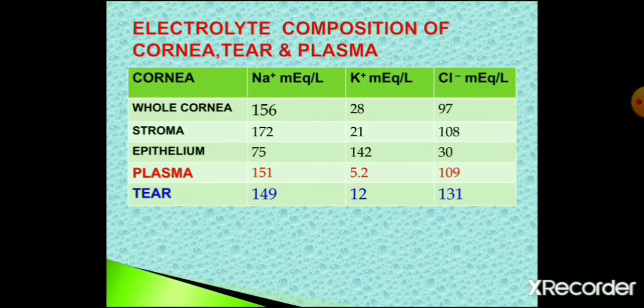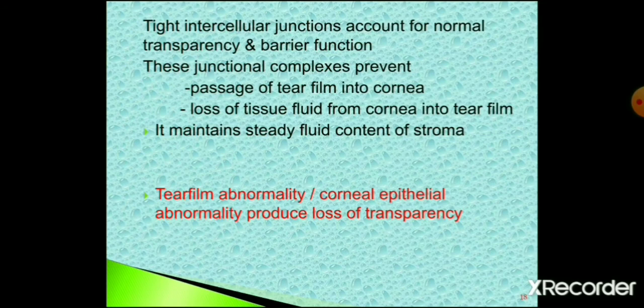But you have to know something about the cornea. Tight intercellular junctions account for the normal transparency and the barrier function. So there is tight intercellular junction which plays an important role in normal transparency and the barrier function.